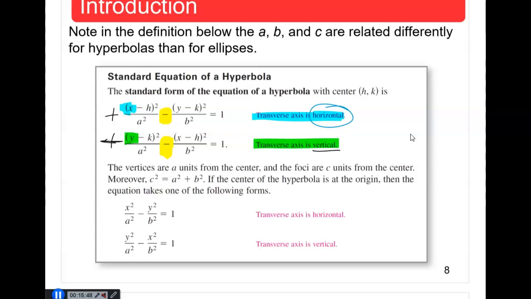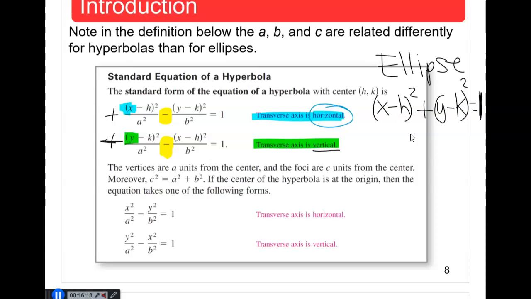With the ellipse, it was similar, but just so you remember those little differences. h and k are always the same. They go with x and y respectively, and they also have a 1 at the end, both for the ellipse and the hyperbola.